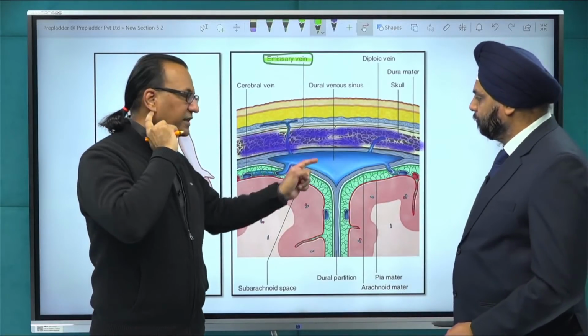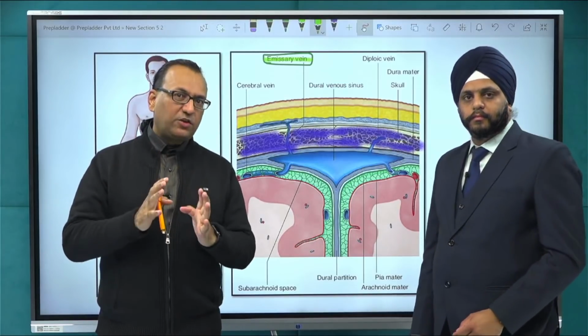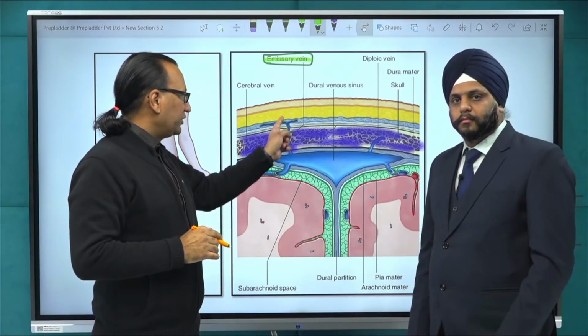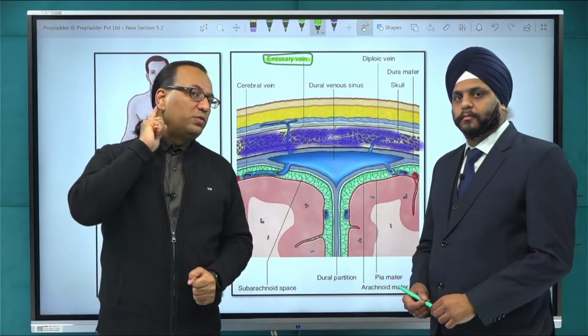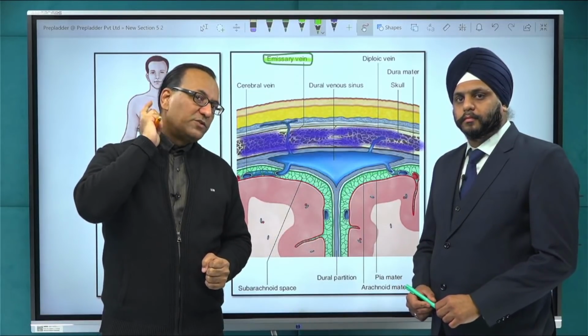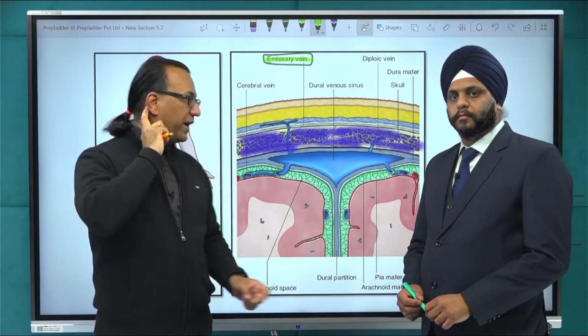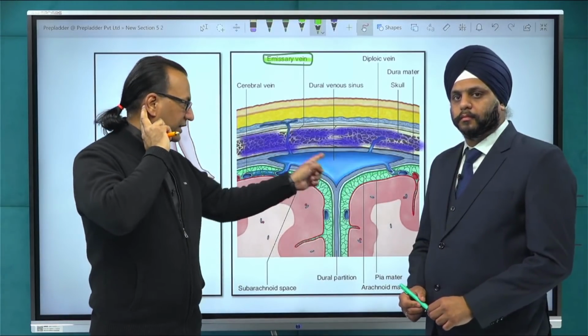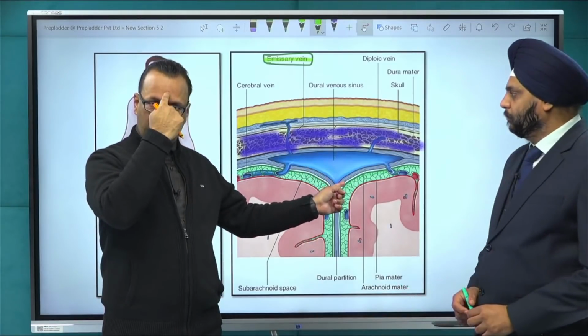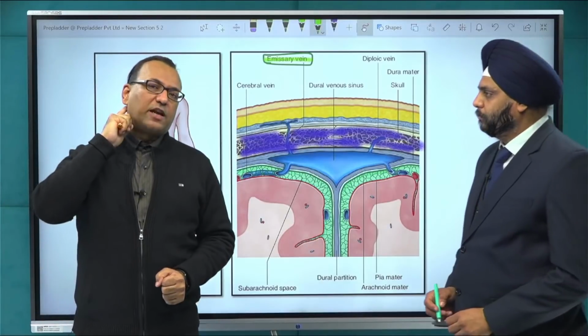If there is a sigmoid sinus thrombus, it might extend into the mastoid emissary vein, and that will lead to the Granger sign sir was telling about, mastoid edema. So that happens. Why? Because there is a blockage of the mastoid emissary vein, which is connecting to which sinus? Here it is the superior sagittal sinus, as I am talking about, but in our case, near the mastoid it will be the sigmoid sinus.